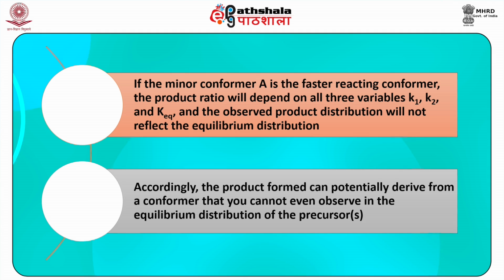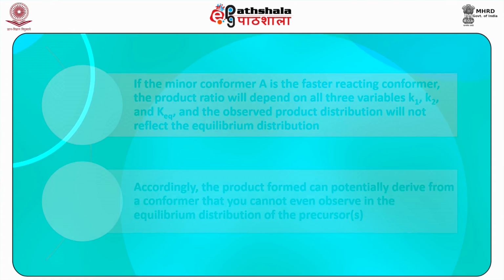Accordingly, the product formed can potentially derive from the conformer that you cannot even observe in the equilibrium distribution of the precursor. We shall now take up specific cases relating to the Curtin-Hammett principle. These cases take up the various Curtin-Hammett conditions in which the isomers react to give the particular products.